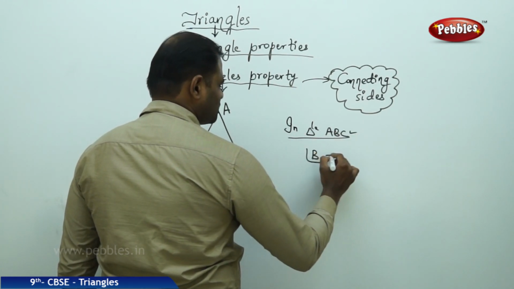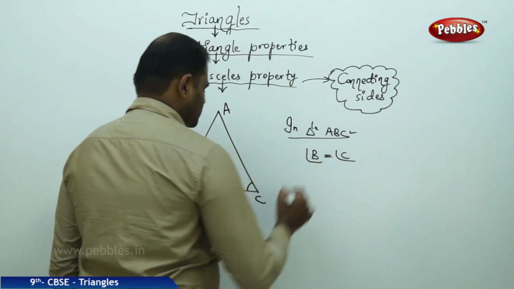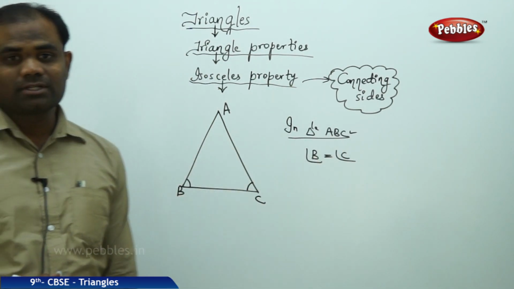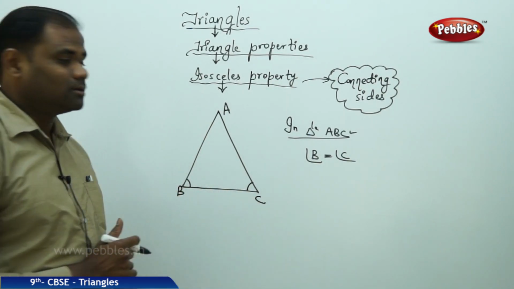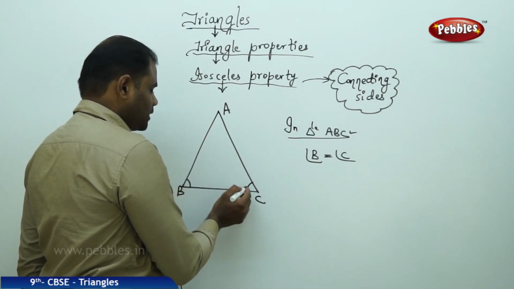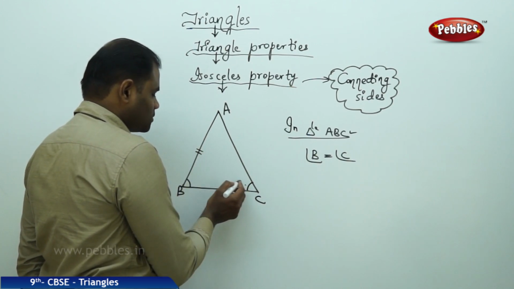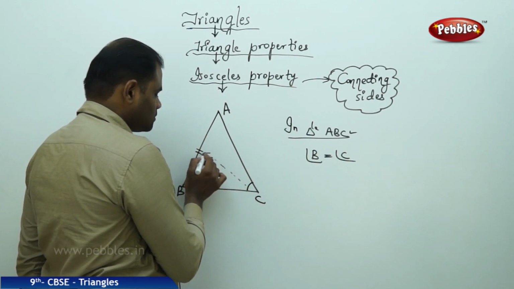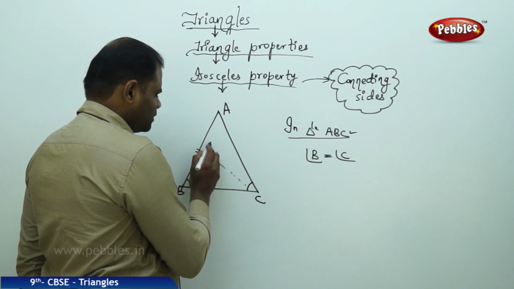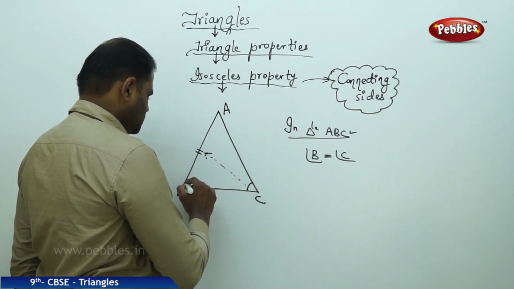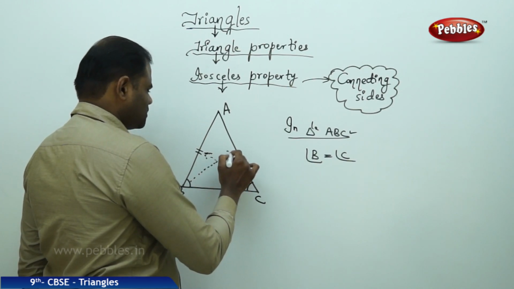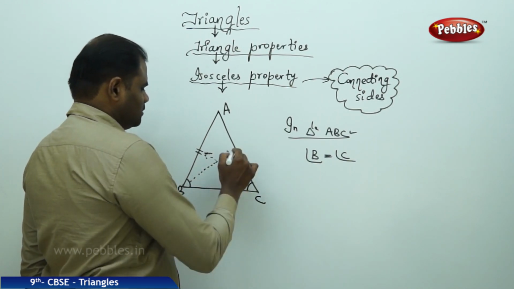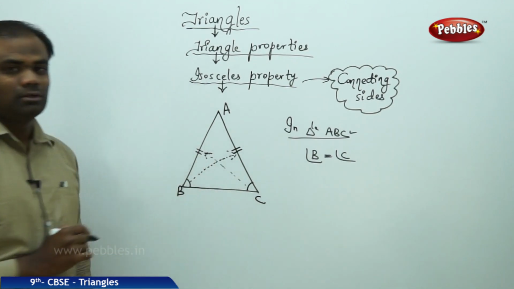Now, as we know that in triangle ABC, angle B equals angle C, the isosceles property says that if the angles are equal, the sides opposite to those angles, this side opposite to this angle and this side opposite to this angle, must be equal.